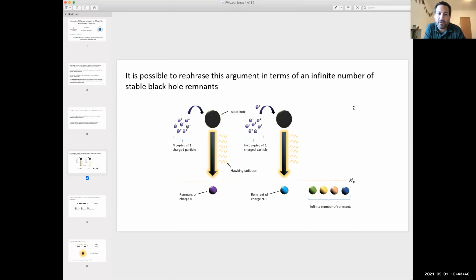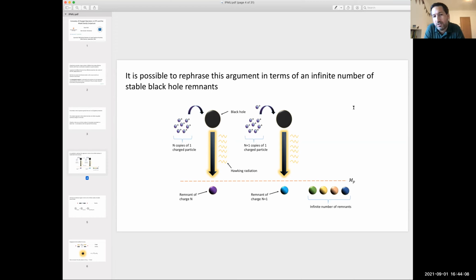If you want, you can throw in, let's say, n copies of one charged particle, let the black hole Hawking radiate down to the Planck scale, and by the time you reach the Planck scale, there's no more mass left over for the object to emit the charge back again. You've gotten rid of all the mass, but you've kept all the charge. And so you're left with an object which is completely stable, a so-called remnant. You're left with a stable remnant of the black hole.